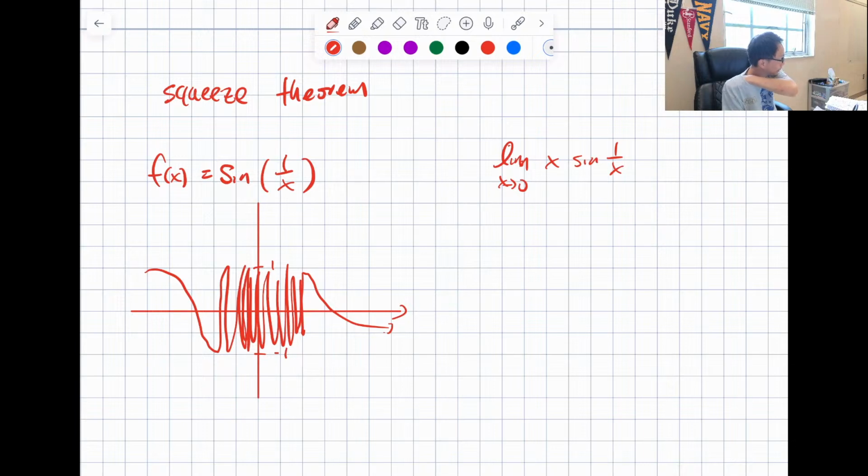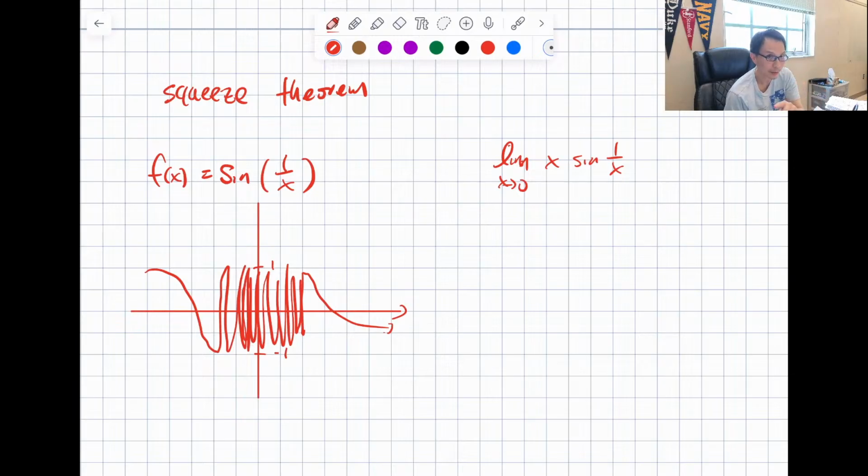Probably don't remember. How do I approach 0? This is not sine x over x. This is sine of 1 over x times x, because sine x over x reaches 1, which is a simple trig limit.